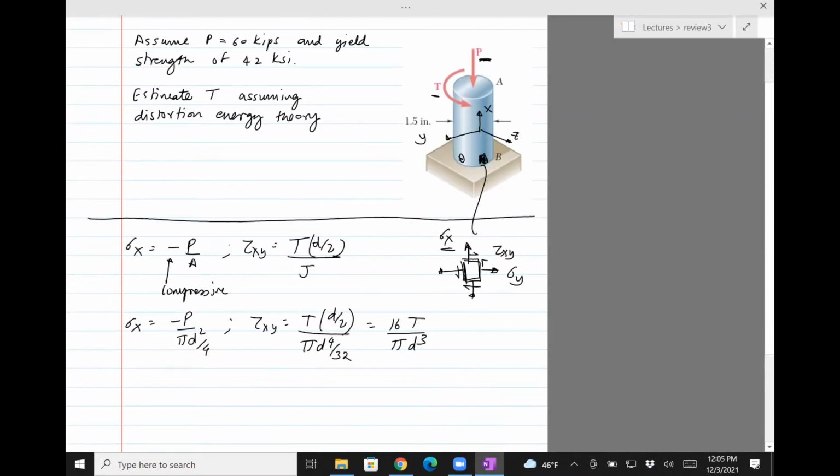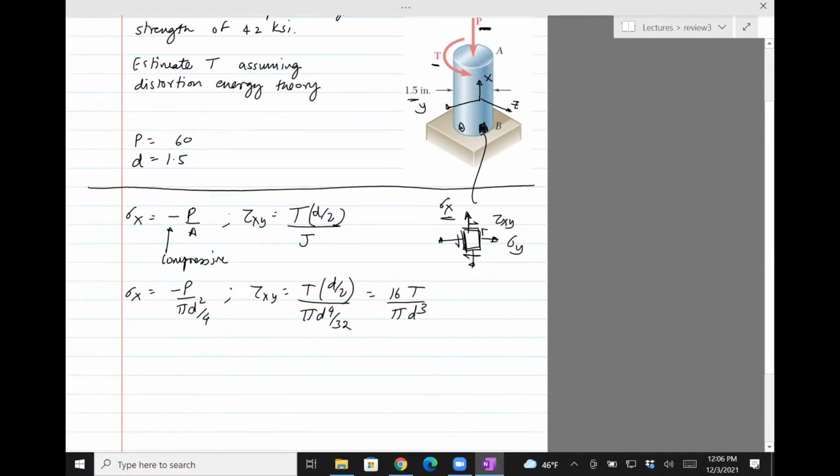Okay, so we can sub in the value for P. It's 60 kips. D is 1.5, that's given here. And so we can solve for sigma x.